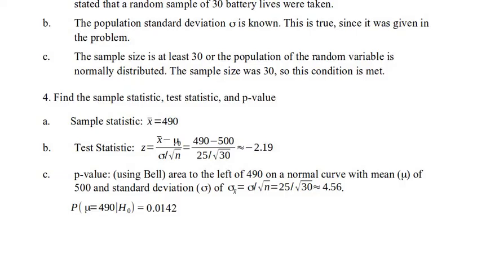So in the numerator, we're saying, well, it was 10 days apart, but we're counting those 10 days in standard deviations of the sample mean. And of course, that means that we have to take the population standard deviation and divide it by the square root of n. That gave us our z-score of negative 2.19. The negative means that we're to the left.